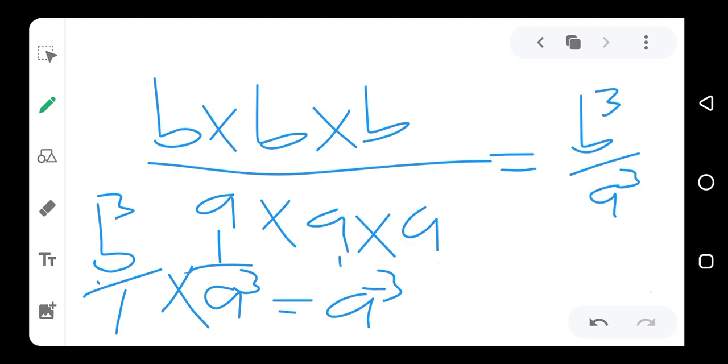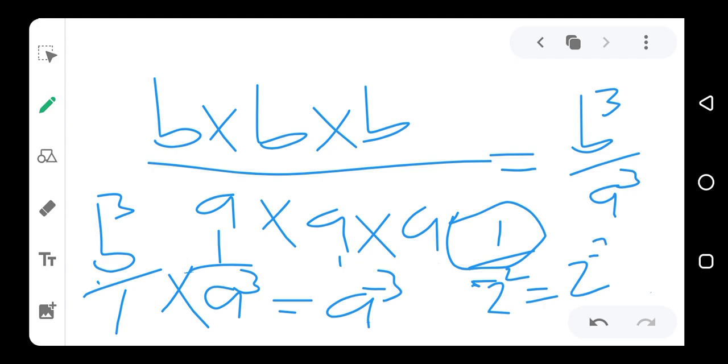So anytime you see 1 over 2 raised to power 2, if you want to clear this 1 over, just remove the 1 over and put negative here, so it becomes 2 raised to power minus 2.